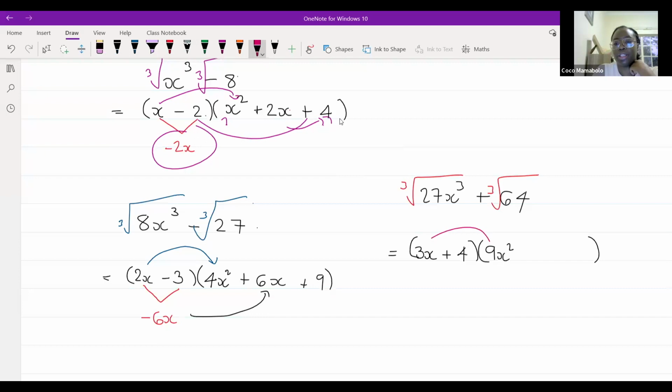This is the first part. For 4 all squared, I'm going to get plus 16 at the end. And then for the middle part, I'm going to take 3x times 4, which will give me 12x. And then I'm just going to change the sign. Because it's a positive sign, I'm going to put minus 12x. Well done, everyone. That's it.